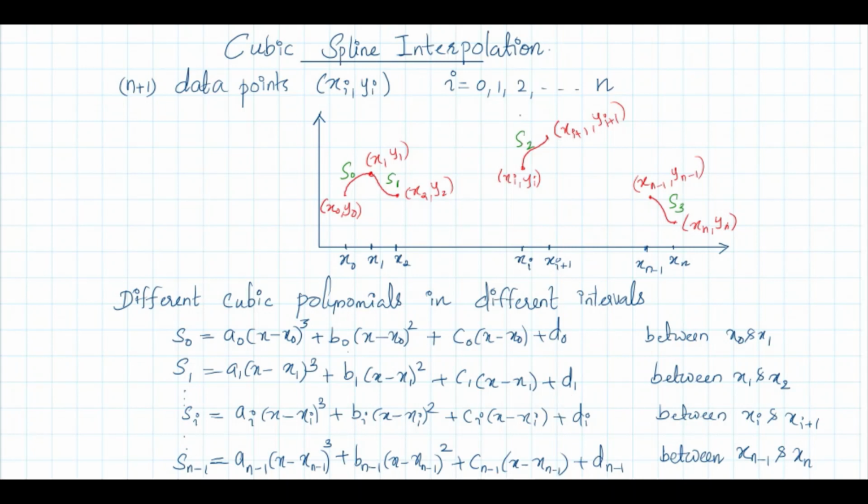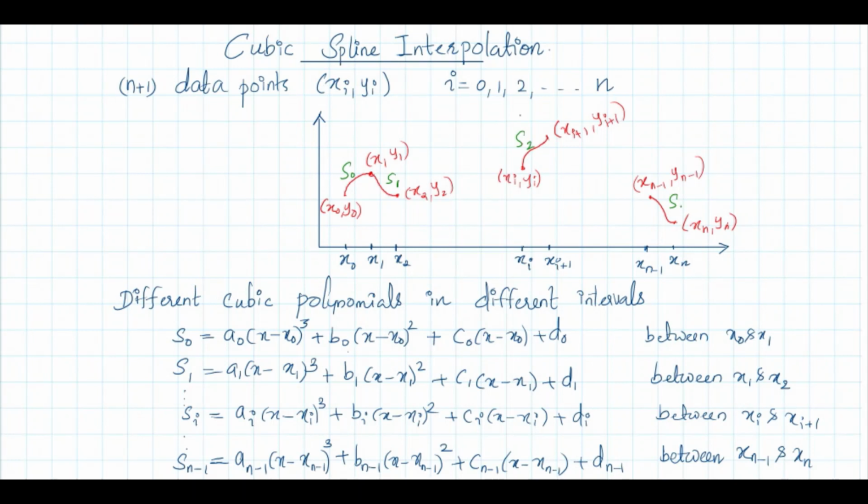Okay, so in general, between xi and xi plus 1, the spline function is Si equal to ai into x minus xi whole cube plus bi into x minus xi whole square plus ci into x minus xi plus di. So the last spline between xn minus 1, yn minus 1 and xn, yn, we will term it as Sn minus 1.